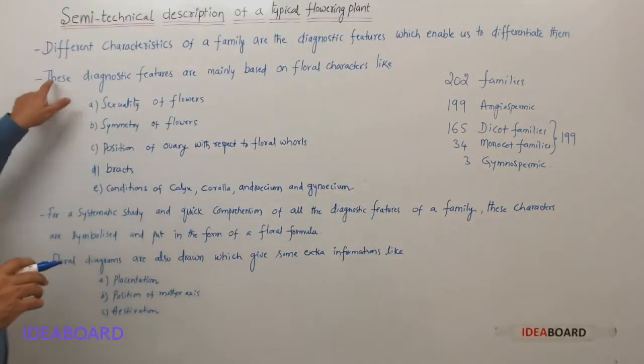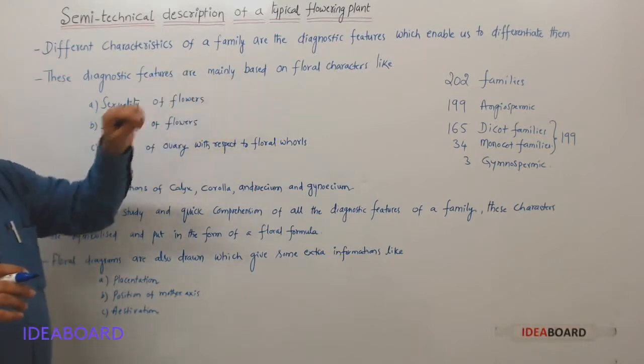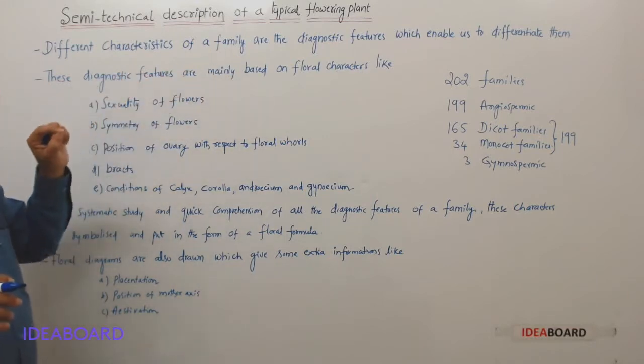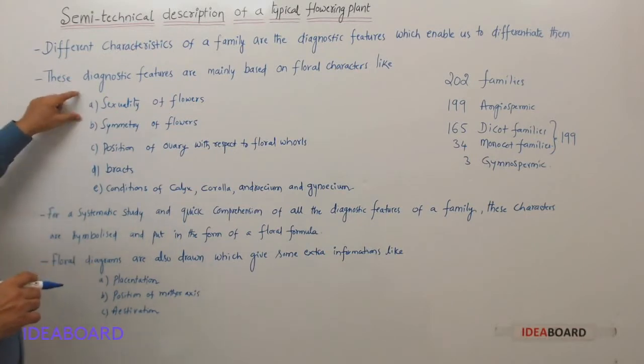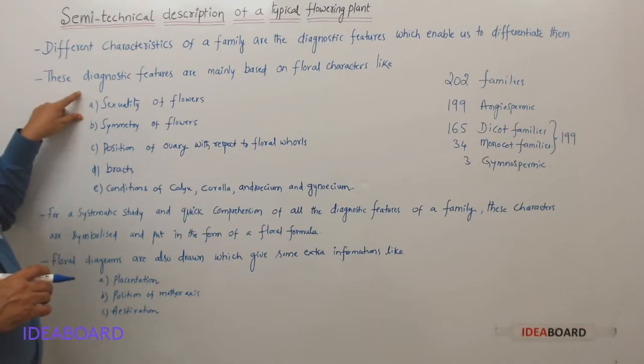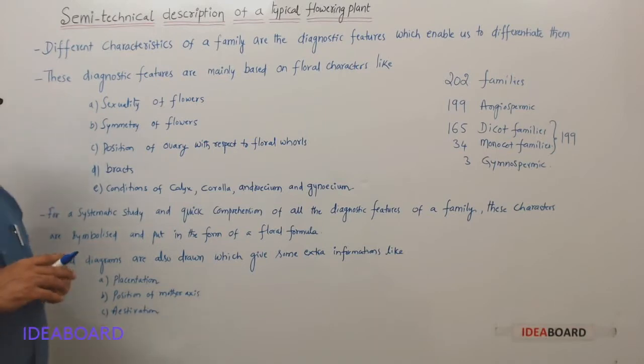And these diagnostic features are mainly based on floral characters. What are those floral characters? Sexuality of the flower. Because all flowers do not show the same sexuality. Some flowers are unisexual and some flowers are bisexual.